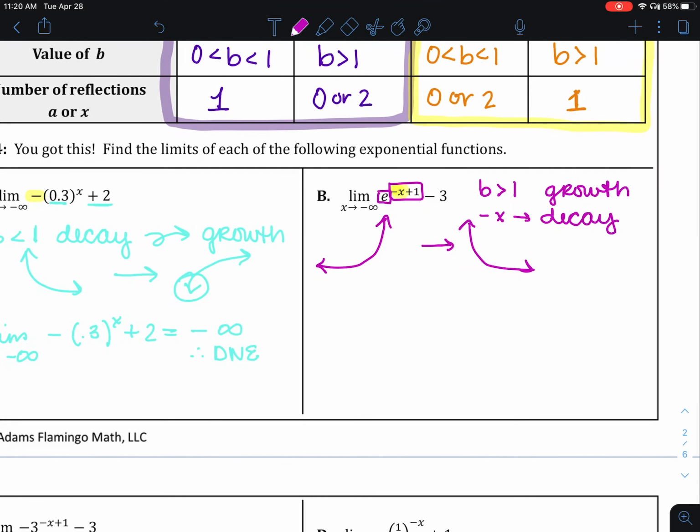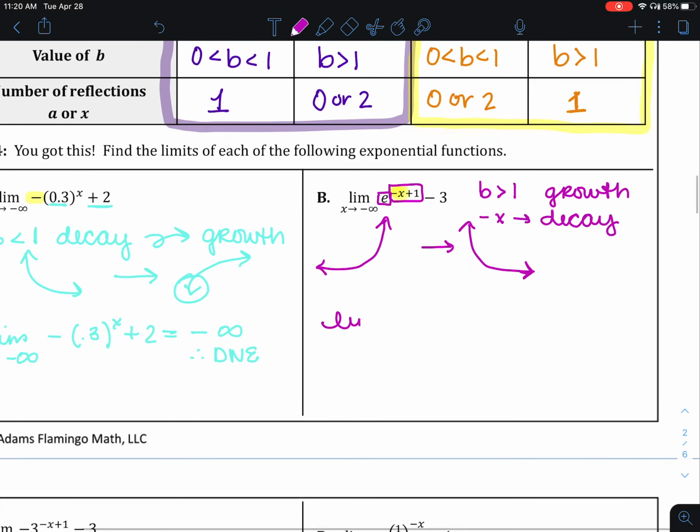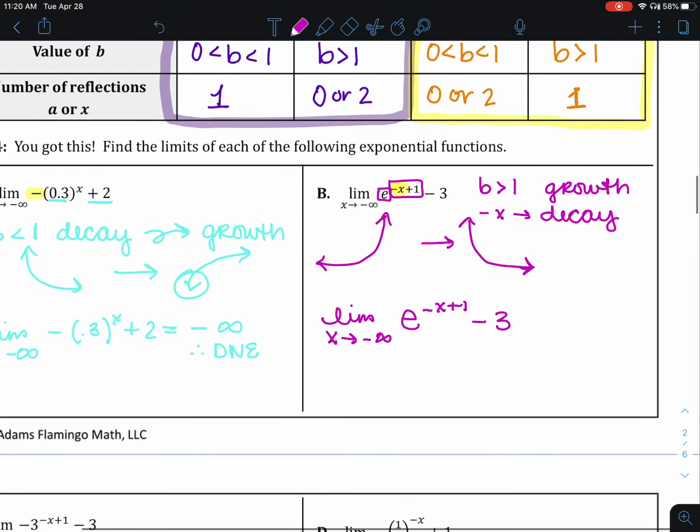Now we have decay. And so now if we're looking to evaluate the limit as X approaches negative infinity of E to the negative X plus 1 minus 3, we would anticipate that it's going to go to positive infinity, therefore DNE.